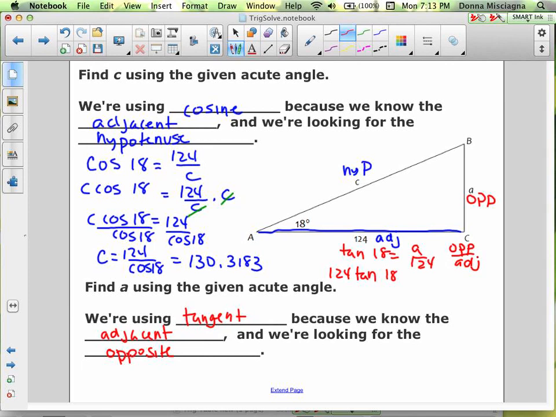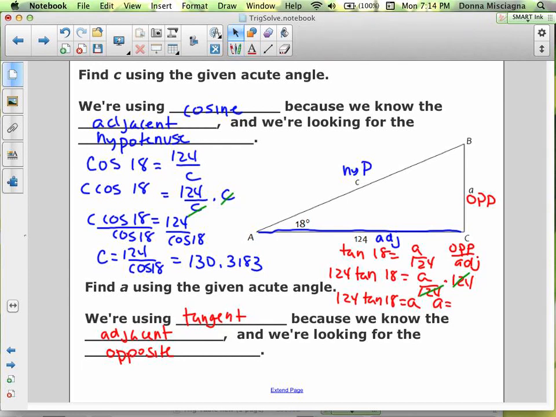So we have 124 times tangent 18 equals A divided by 124 times 124. Whoops, I said times 124 and then I wrote times A. My hand was not listening to what I said. So that will cancel out. That gives us 124 tangent 18 equals A. So that means A is our last problem finding sides.